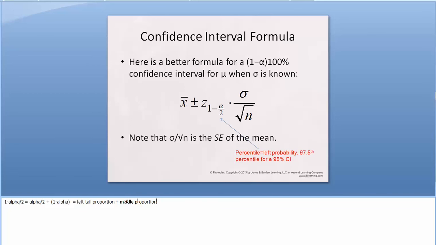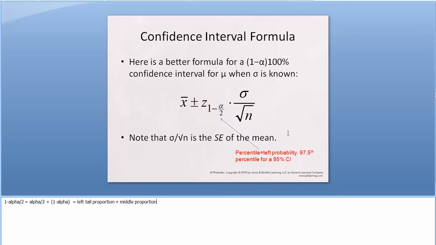It doesn't matter if you have 99. This will be 0.99, then the two tail proportions will be 0.005, and this will work out to be like 0.995. We will do more problems, and then we'll see how it works out.